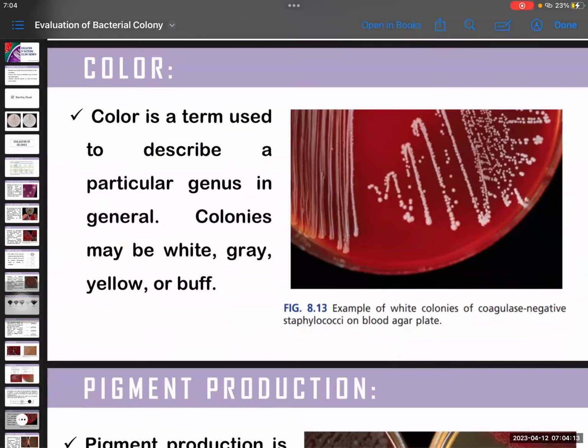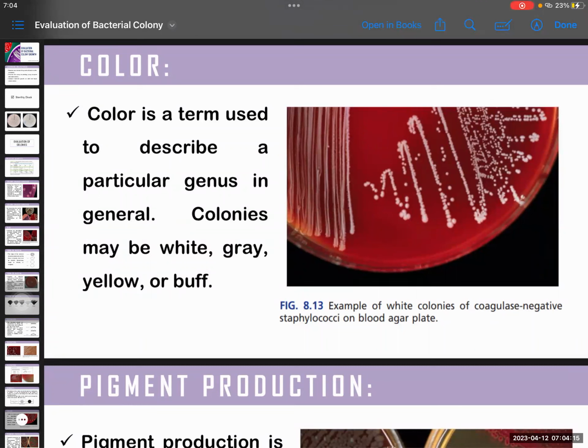Okay. Next is color. So again, this is also a very good way to describe colony growth. So color is a term used to describe a particular genus in general. So colonies may be white, gray, yellow, or buff. So pinaka-common na color nila is white or cream. White colonies or cream.